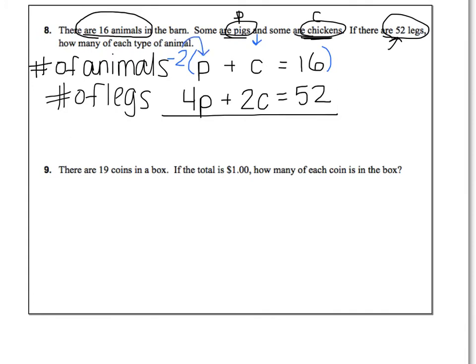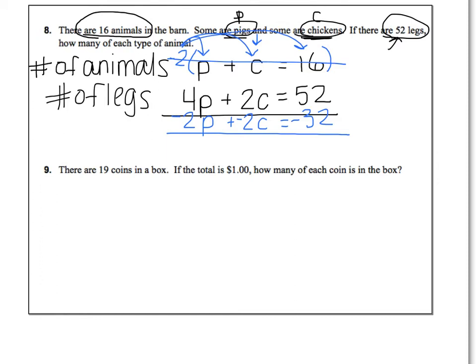Negative 2 times p is negative 2p, plus negative 2 times c is negative 2c, and negative 2 times 16 is negative 32. So now that I have multiplied that negative 2 by everything on top, I now have 2 equations. I have the 4p plus 2c equals 52, and I have the negative 2p plus negative 2c equals negative 32.